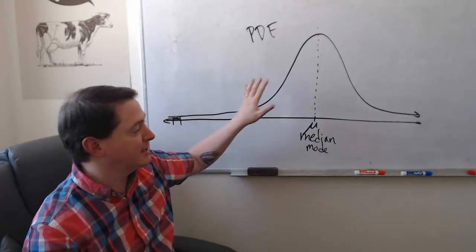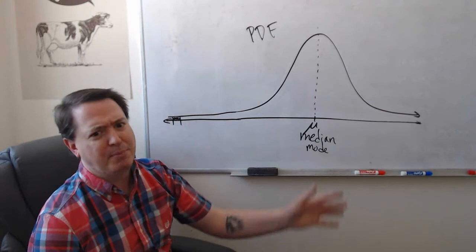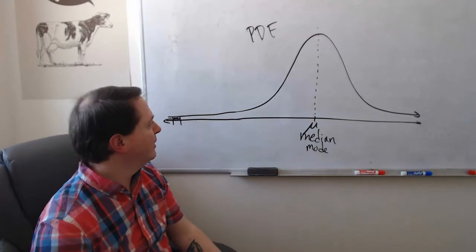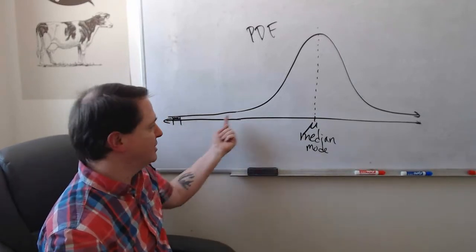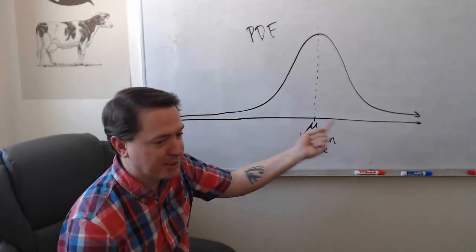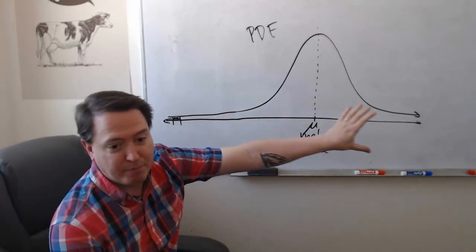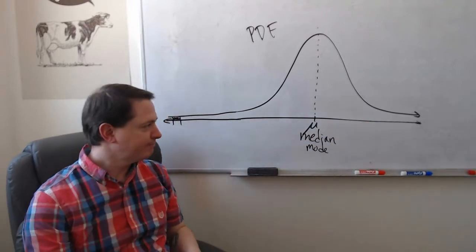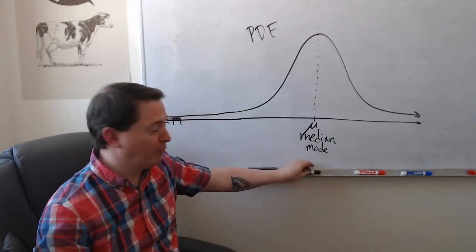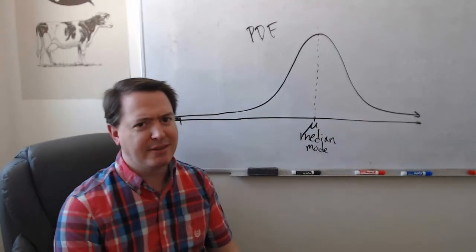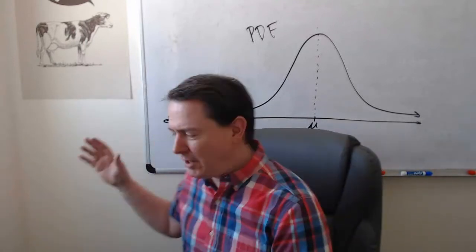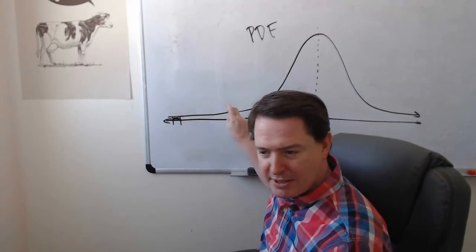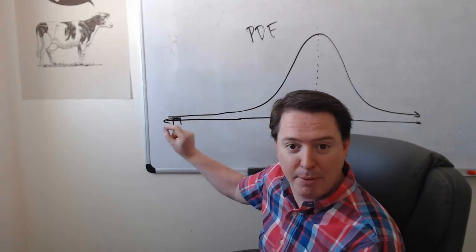In the world of theoretical physics, whenever you hear of crazy possibilities, like the Hadron Collider will cause a supermassive black hole, this is what we're really talking about: as soon as we get this kind of distribution of possibilities, there's some possibility of getting some insanely huge or tiny number from it. In reality, when we're not doing crazy particle physics, this doesn't really come up. But I just wanted to at least point out what it really means to say that the PDF never actually touches the x-axis. That means that somehow there's always some probability.